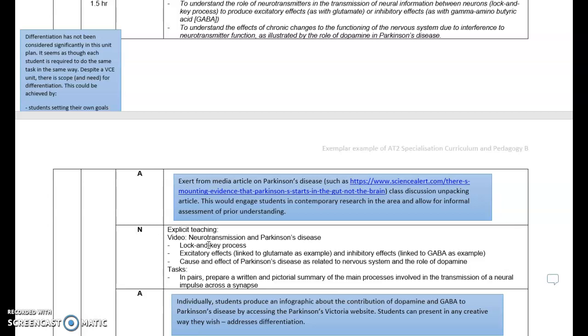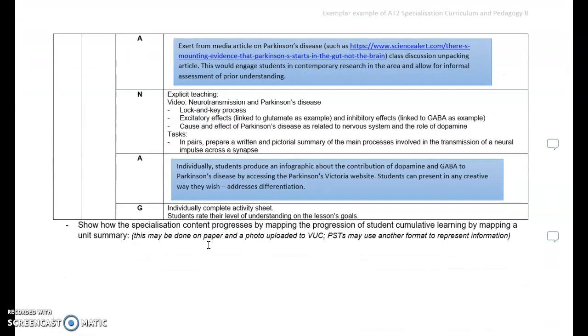So you need to have a discussion on the features in the unit as a whole, but not necessarily in every single lesson. It's up to you and your group to make a professional judgment as to the most important aspects you should be addressing in your specialisation in accordance with the assessment instructions.